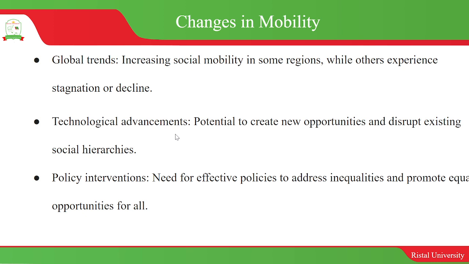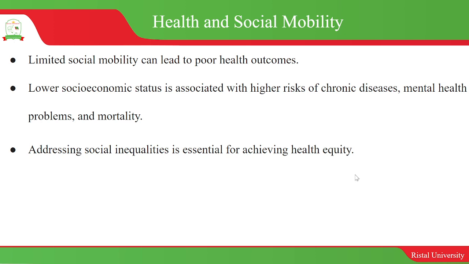You want to create an environment that is peaceful, an economic environment where you don't have a lot of inflation, where you don't have restrictive policies, where you don't have certain businesses restricted to certain people, where you promote innovations. A lot of things have to be done by the government to ensure that we have mobility. Without that, nothing can really happen.